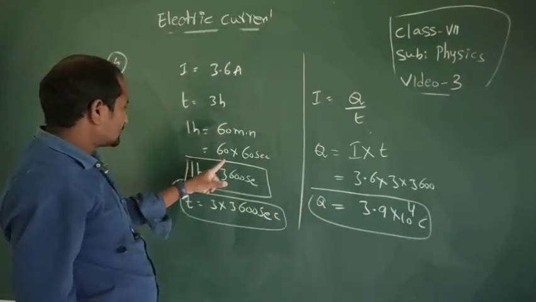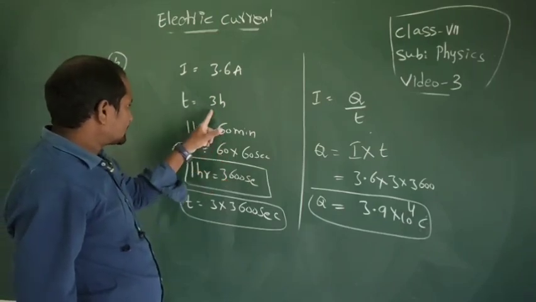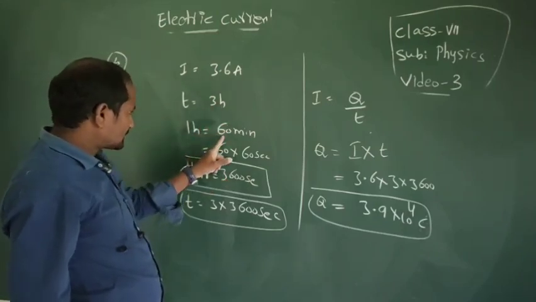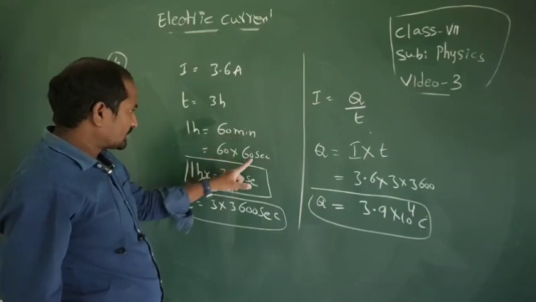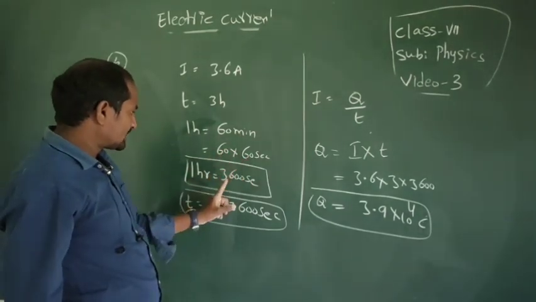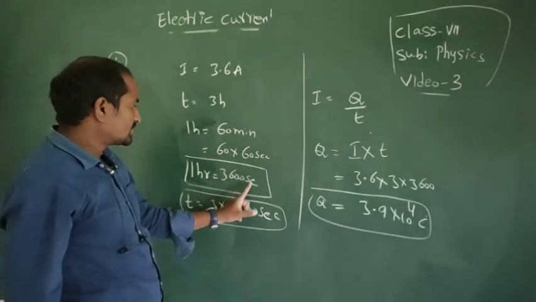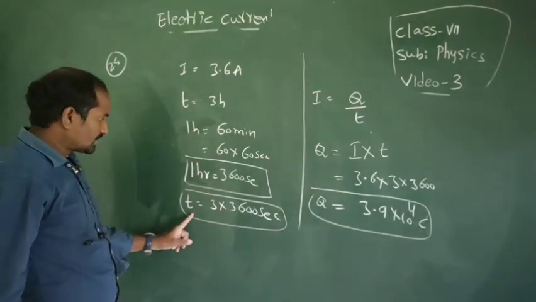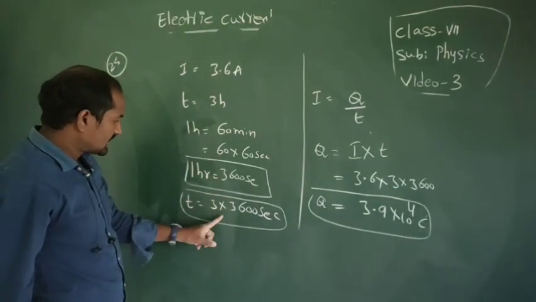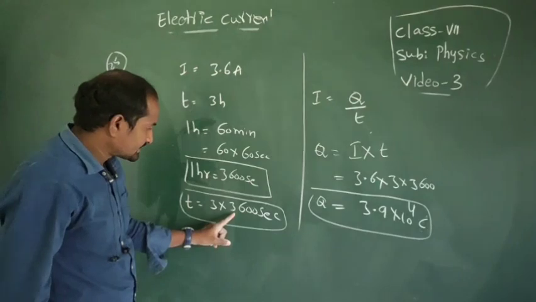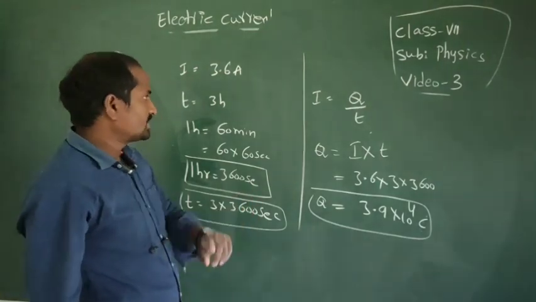Hours change into seconds. 1 hour equal to 60 minutes, 1 minute equal to 60 seconds. So 60 into 60 equal to 3600 seconds. So T equal to 3 hours, 3 into 3600 seconds.